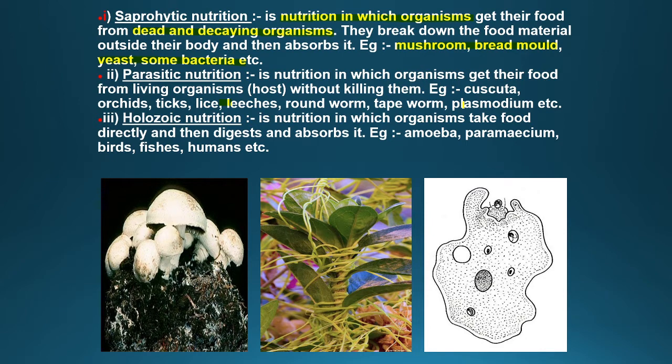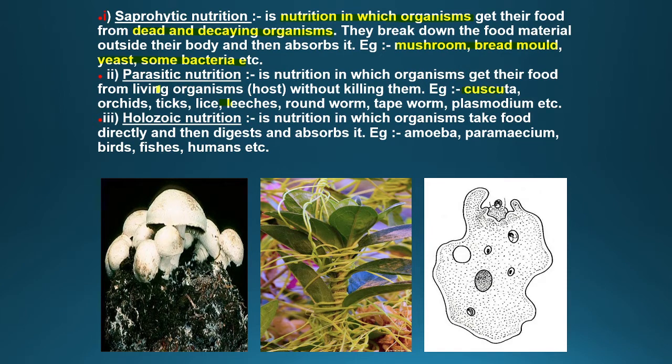We can say it is taking nutrition from the plant, draining the plant of nutrition, and in a way, without killing them, it is taking in the required nutrients for its body. So that is called parasitic nutrition.